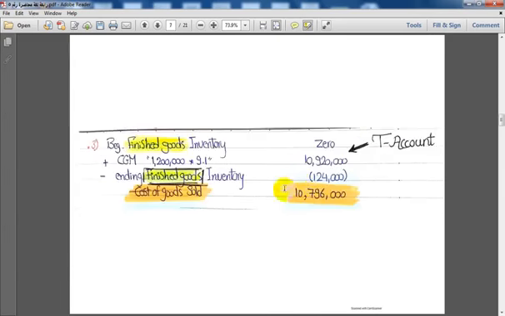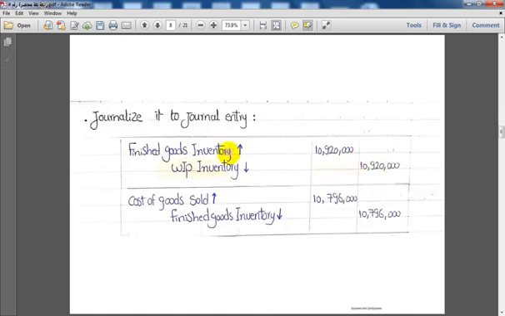Cost of goods sold 10 million 796,000, cost of goods sold, and another entry for cost of goods manufactured. Cost of goods manufactured transferred from work in process to finished goods inventory: 10,920,000 finished goods inventory, work in process inventory credit.